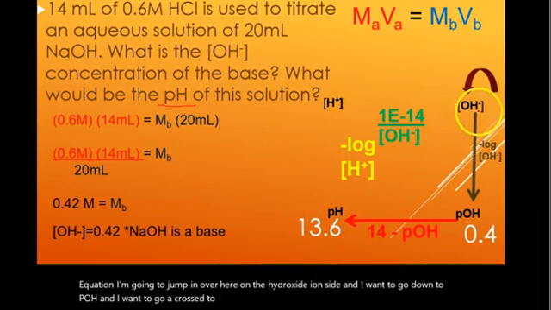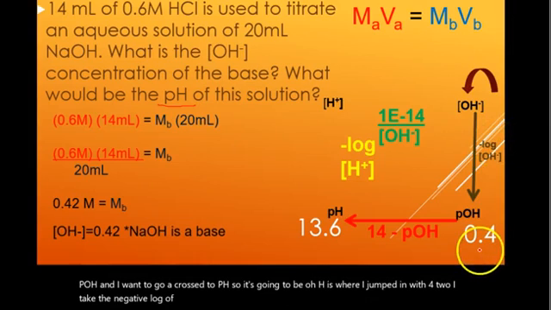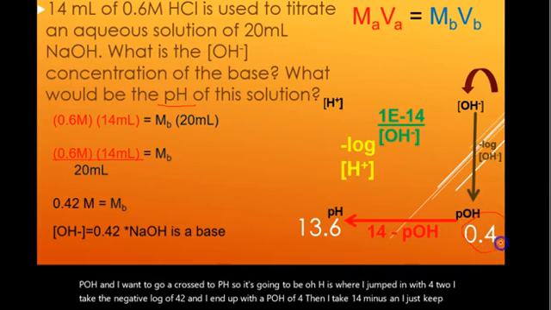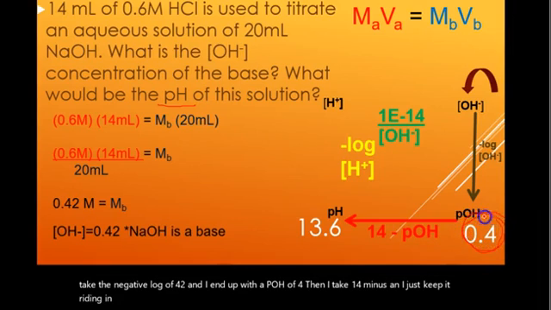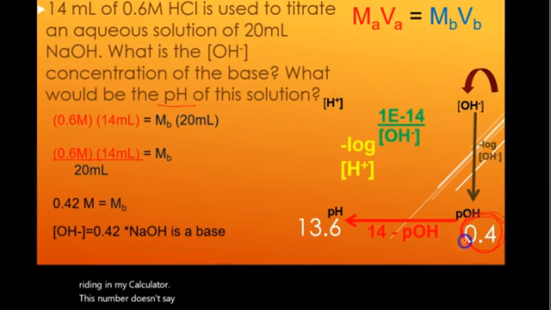So OH is where I jumped in with 0.42. I take the negative log of 0.42 and I end up with a pOH of 0.4. Then I take 14 minus, and I just keep it riding in my calculator. This number doesn't say 0.4 in my calculator. That's not my end result.